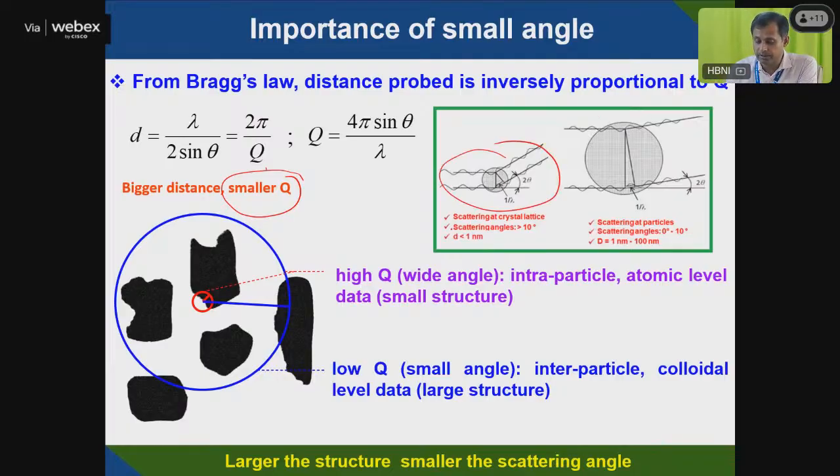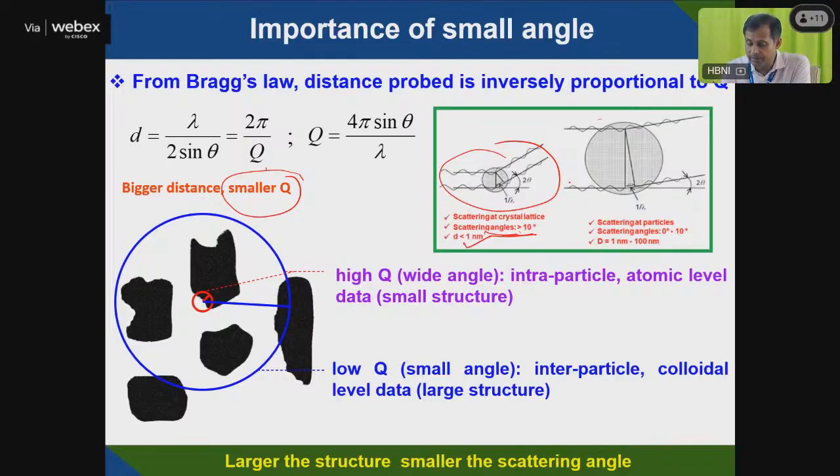In the small particle, the scattering is from the crystalline plane, the crystal lattice. You are measuring a scattering angle greater than 10 degrees, high angle scattering, and you are getting d, the interatomic distance, around 1 nanometer or less.